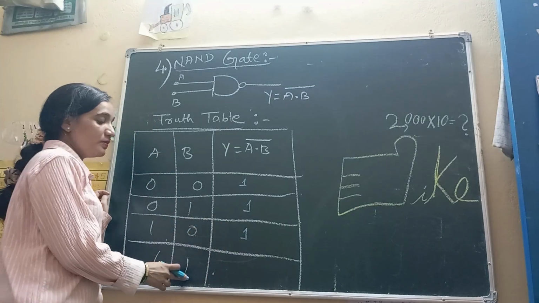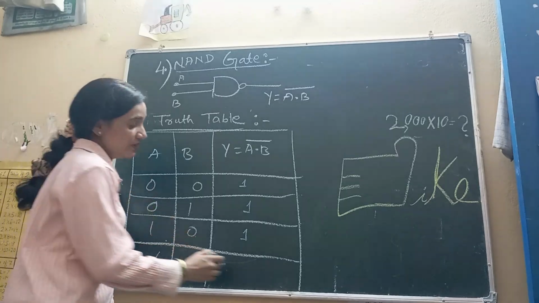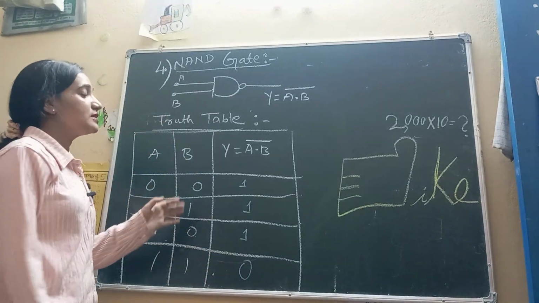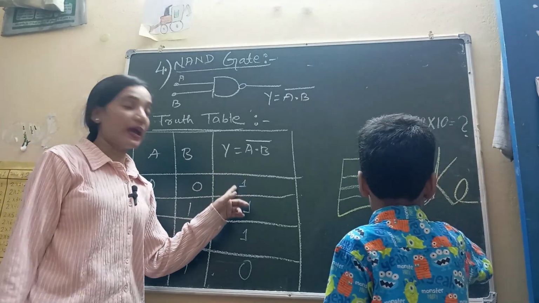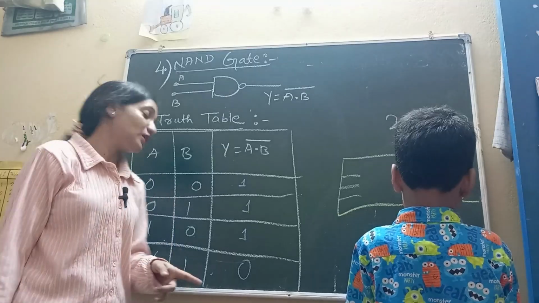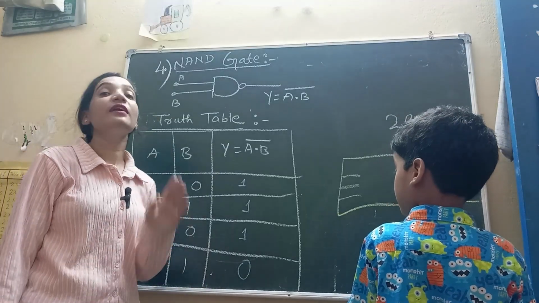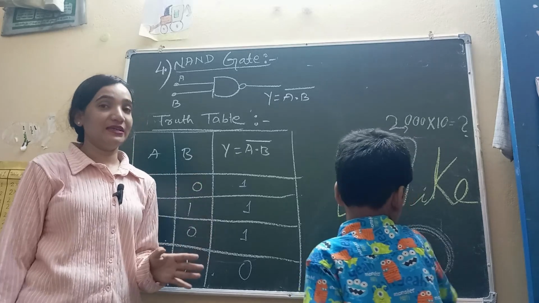When A is 1 and B is 1, the product is 1, but inverting we get 0. So in NAND gate we get the output as 1 in all combinations except when all the inputs are high. This is just the opposite of AND gate.